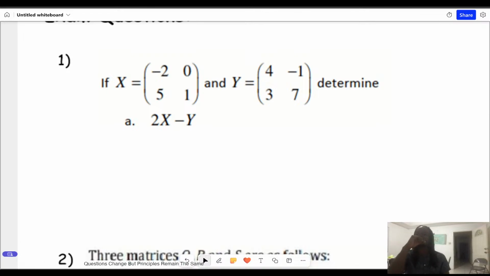What that means is that everything we just did in the examples, all those principles that you could have screenshotted or written down, we are applying right now. Just because this is an actual CSEC past paper question doesn't mean anything changes. Nothing at all changes.